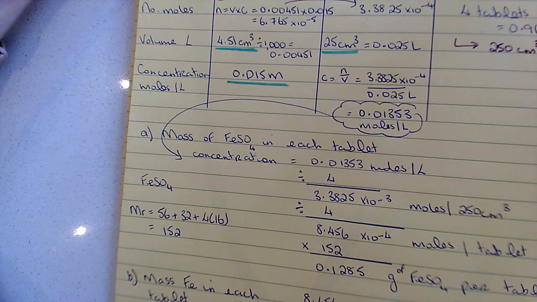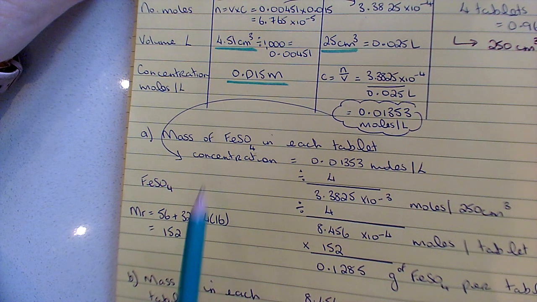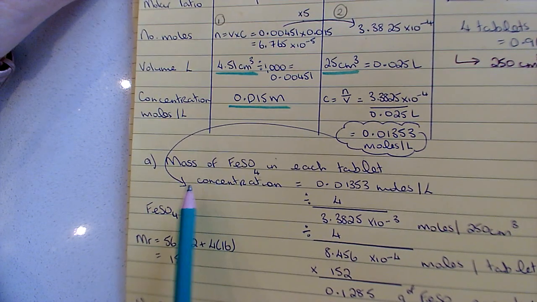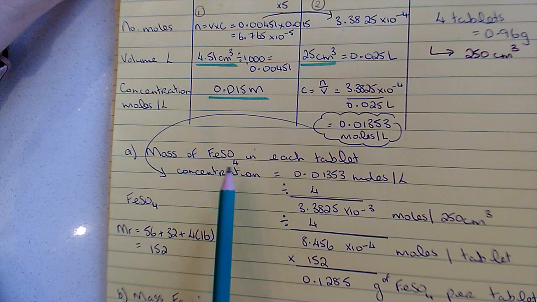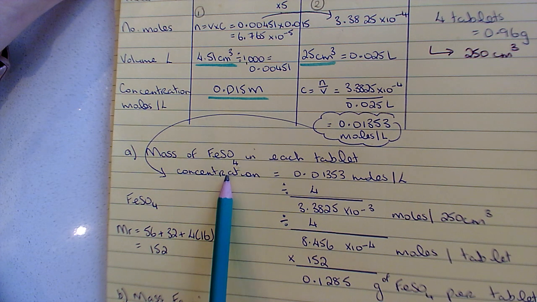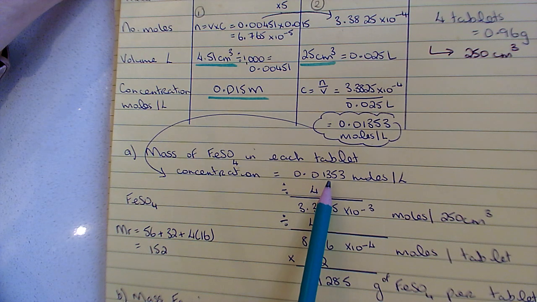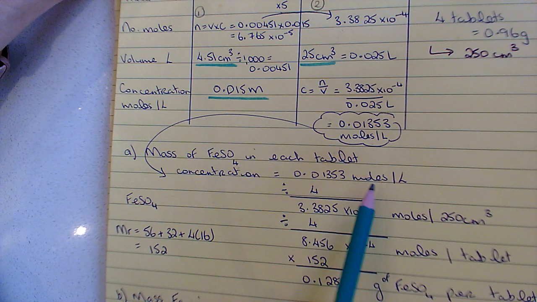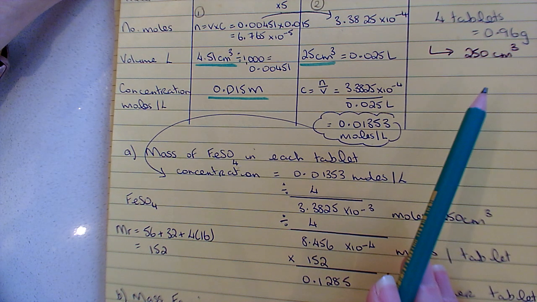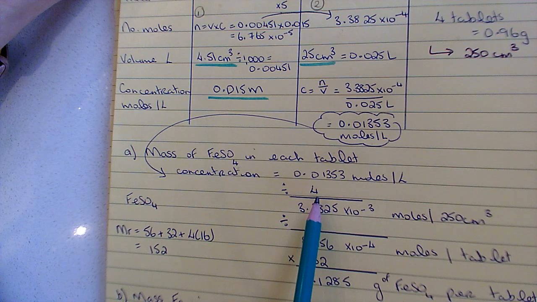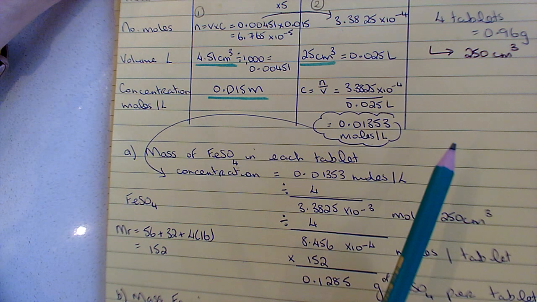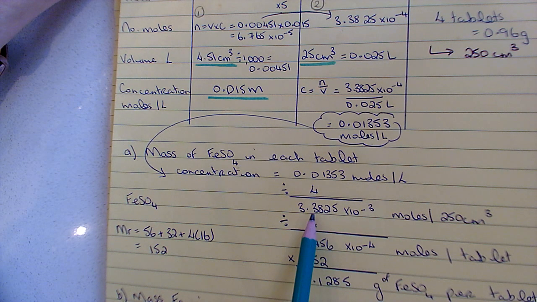We're asked in part A to calculate the mass of anhydrous iron sulfate in each tablet. From my table I know the concentration of the iron tablet solution is 0.01353 moles per litre. Now I didn't have a litre, it was made up to 250, so I'm going to divide by 4, which means in that 250 cm³ volumetric flask I had 3.3825 × 10^-3 moles.